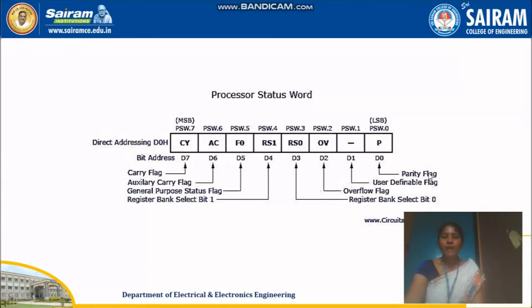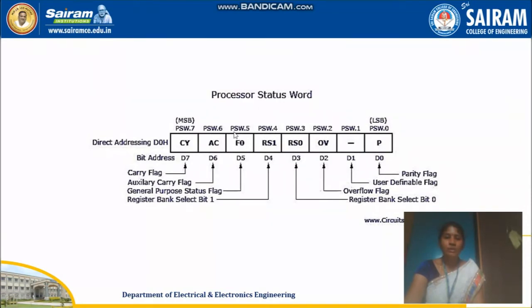D0 stands for parity flag. D1 is not in use. OV is your overflow, which is PSW 2nd bit. PSW 3rd bit and 4th bit are responsible for selecting your register bank among the 4 banks of registers.